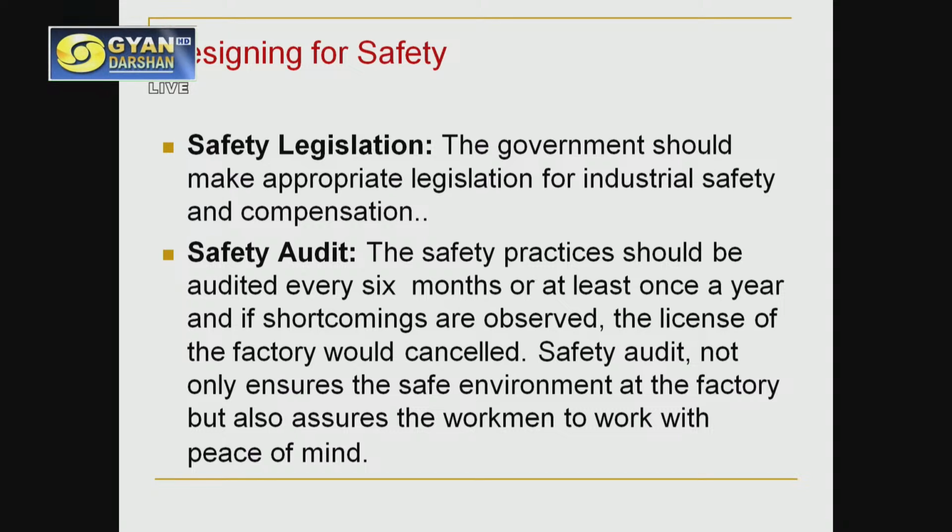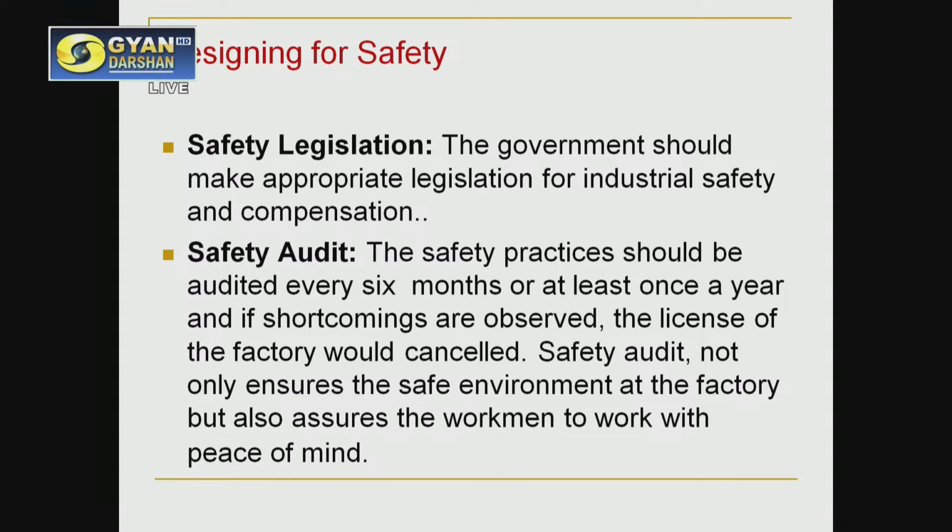Another important pillar is the safety audit. Every practice must have audit systems. Even for safety, every 6 months or at least once a year, there needs to be an audit of the safety. In case any shortcomings are observed during the safety auditing, the license of the factory should be cancelled.